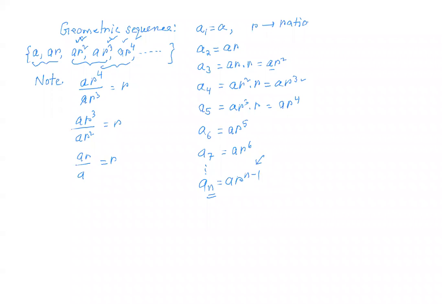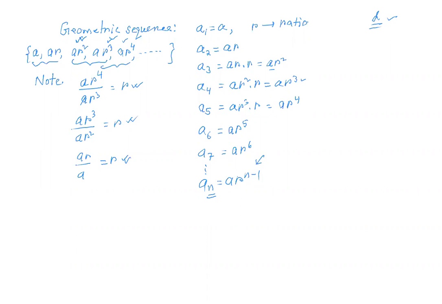So that means if you divide two consecutive terms, meaning one right after another, and you divide the later term by the earlier term, you will get the ratio R, okay? That's the comparable thing to D in the arithmetic sequence. D is fixed from term to term, right? Here, in the geometric sequence, R is fixed.